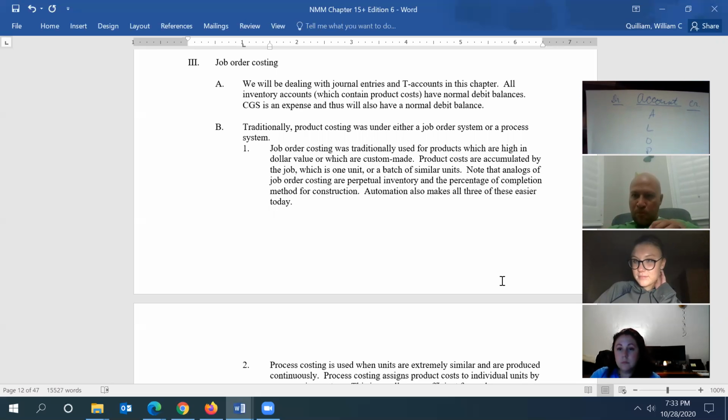So what I do is I usually think of the rules for debits and credits like this. They differ from account to account. By the way, DR, debit, means the same thing as left. CR, or credit, means the same thing as right.